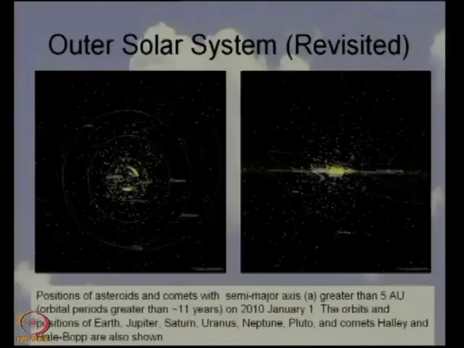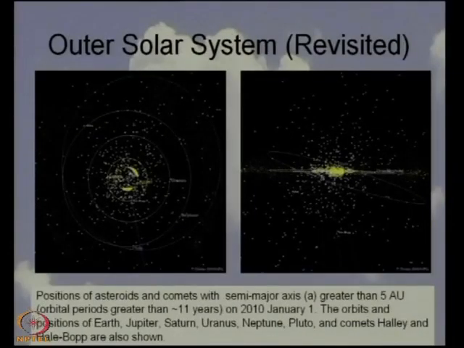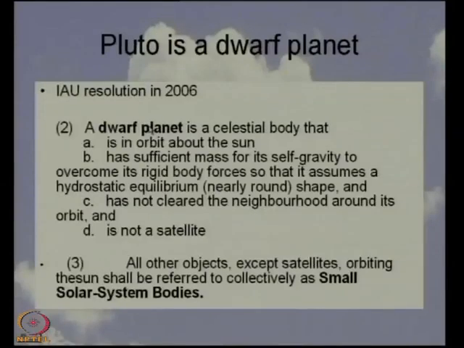If you look at the orbit of Pluto here, you can see that it cuts across this tremendous number of asteroids which are there around Neptune. So this is one of the reasons why Pluto was removed from the list of planets. The other reason is that we now have a picture that there are many other objects which are more massive than Pluto.